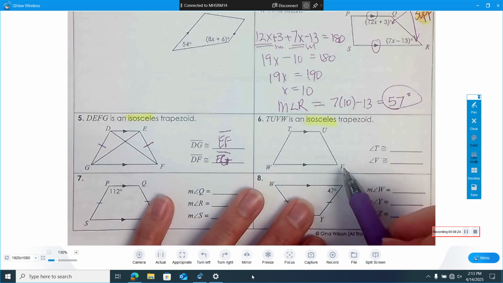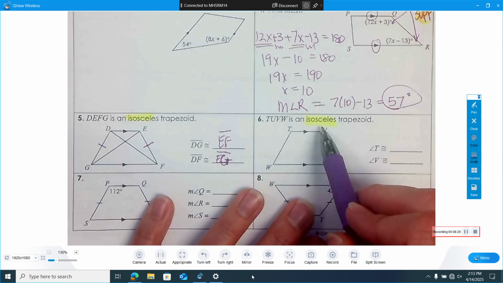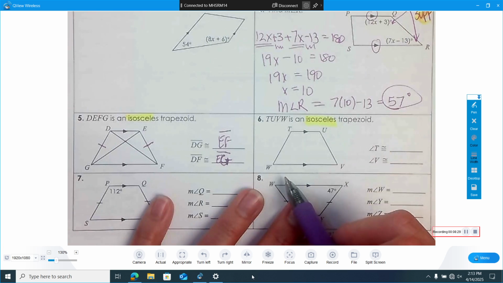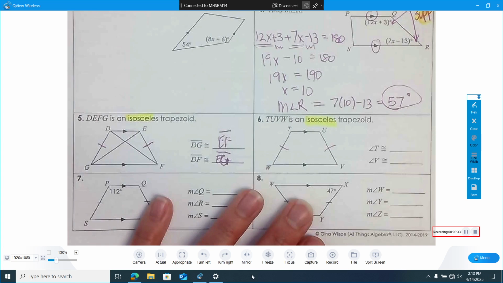Now, TUVW is also an isosceles trapezoid. What should I mark on my picture? The legs are congruent. Mark those legs.